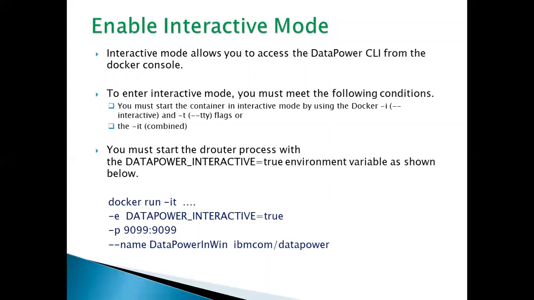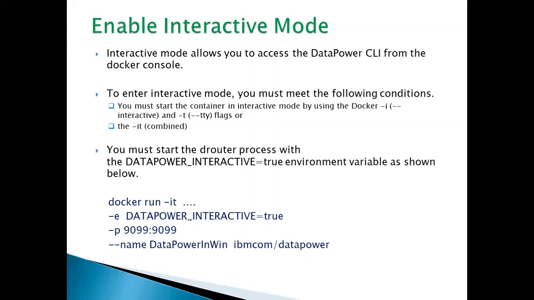Enable interactive mode. How do we enable it? As I said earlier, there is a flag called -it. Interactive mode allows you to access the DataPower CLI from the Docker console. To enter interactive mode, you must meet the following conditions. You must start the container in interactive mode by using the -i flag for interactive and the -t flag for TTY, or you can combine them as -it.